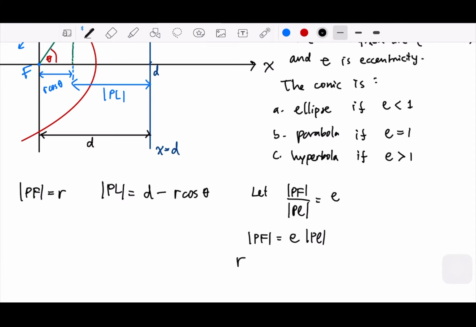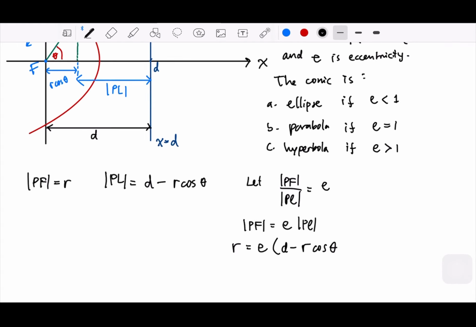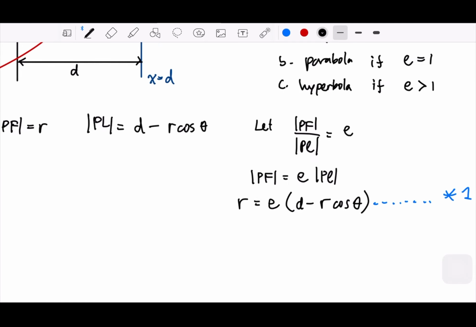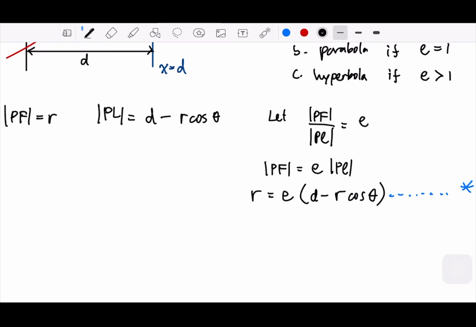So this will be r equals e times (D minus r cosine theta). We will call this the first equation, and we will get back to it later.